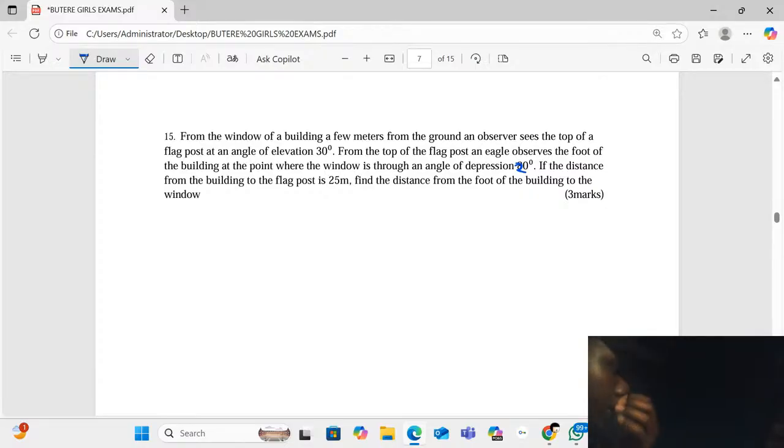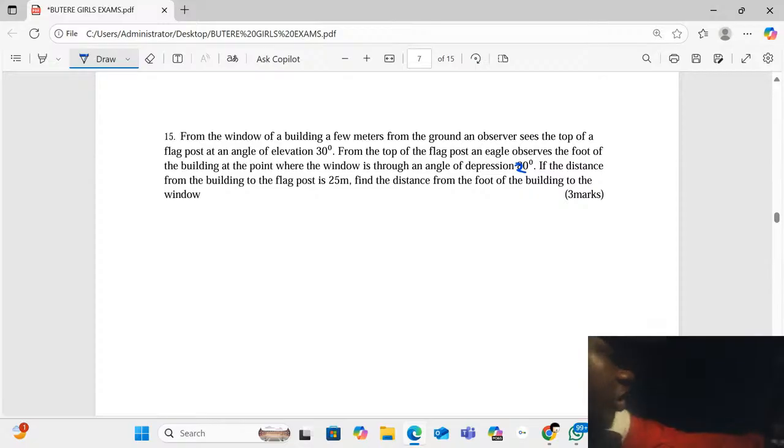So this one now is testing on the trigonometric ratios, connecting the two trigonometric ratios and angles of elevation.